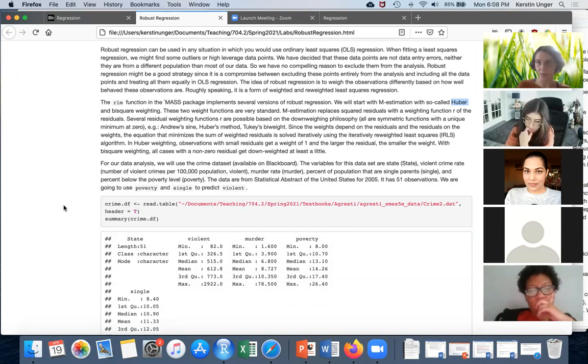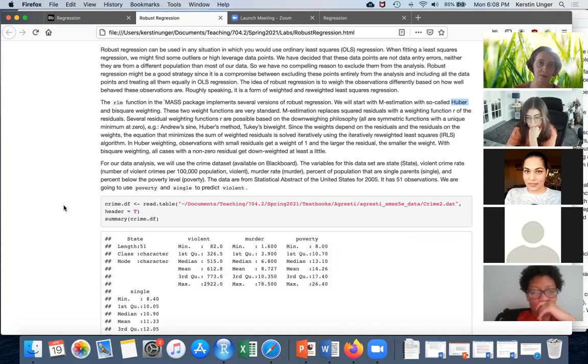But it's particularly important, so let me recap. What robust regression does is either weigh down or eliminate the influence of a certain number of data points in the estimation of our regression model.